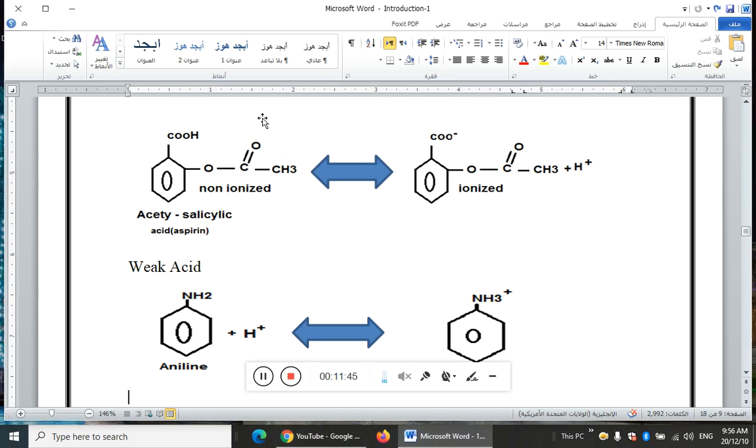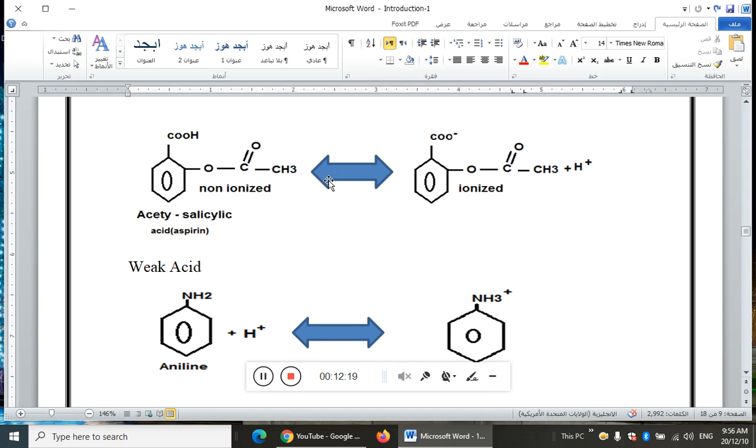Of course, the non-ionized part is the part which crosses or passes through the cell membrane. But what is the thing that makes the non-ionized transform to ionized? The acetyl salicylic acid, which is aspirin, in its nature is a non-ionized acid.